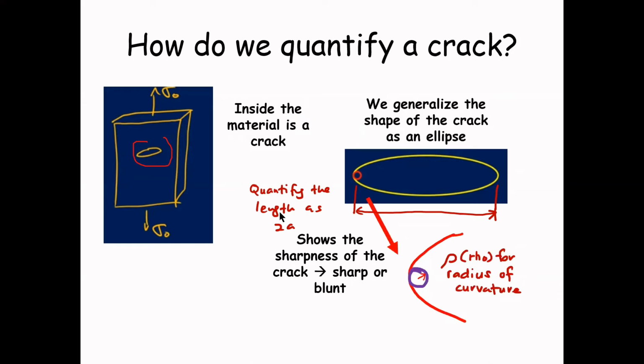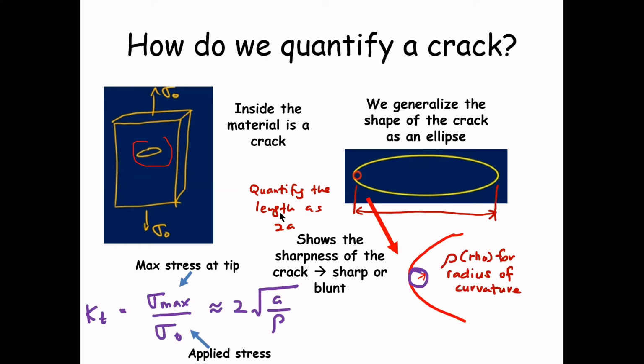We have the K sub T here. K sub T is equal to the maximum stress at the tip of the crack divided by the applied stress. And this is roughly equal to 2 times root a, or half length of the crack, divided by rho, or the radius of curvature.